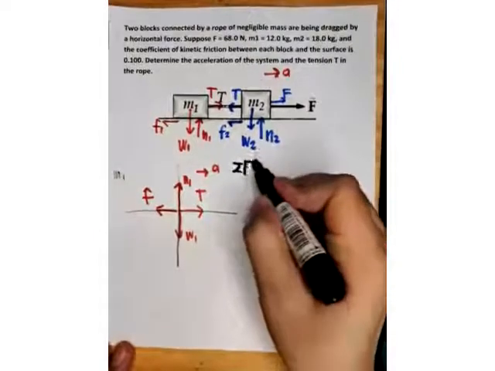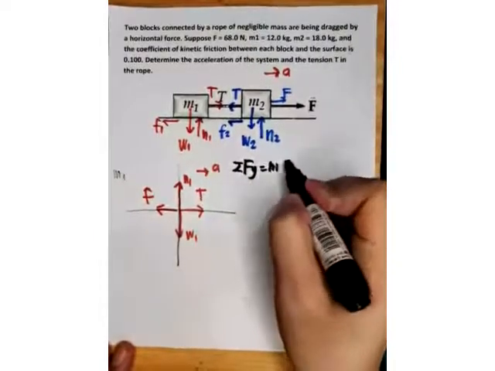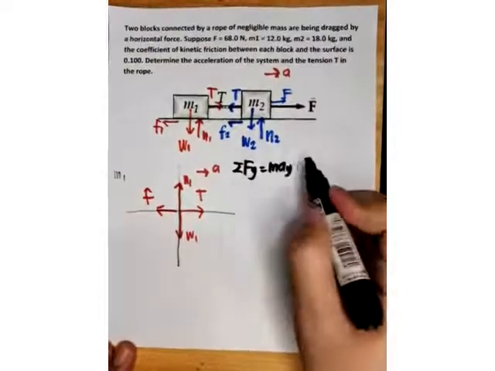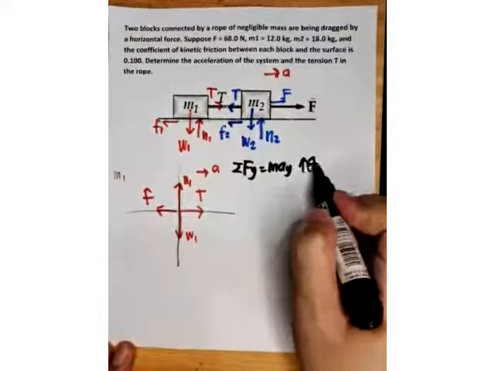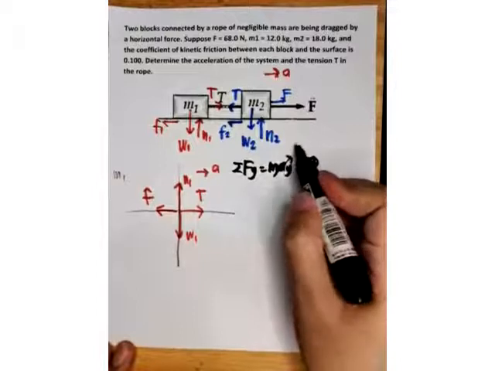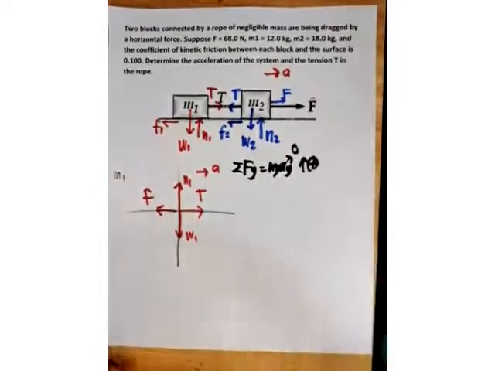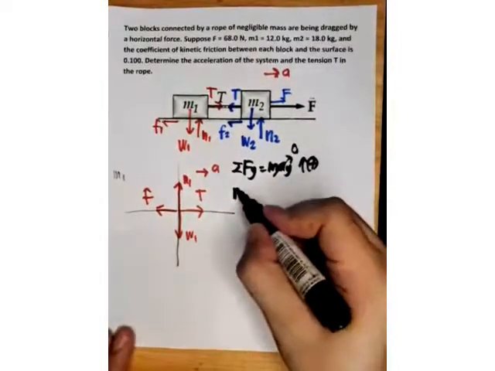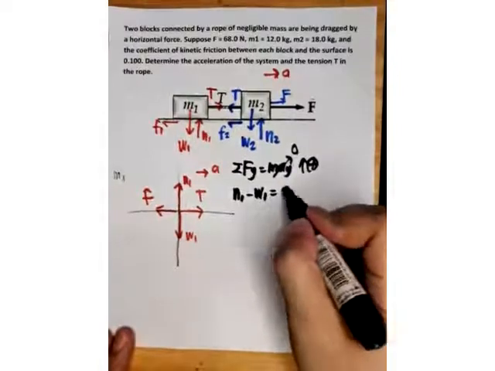So, let's have the summation of forces along y is equal to may. Upward is positive. But ay is 0. So, therefore, summation of forces along y is 0, because the object M1 will only accelerate along the x-axis, not along y. So we have N1 minus weight 1 is equal to 0.